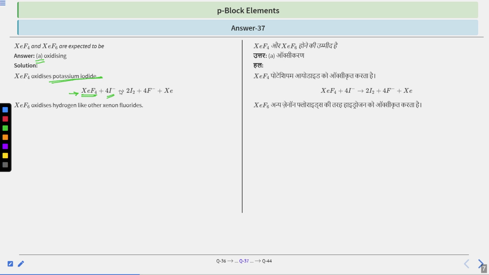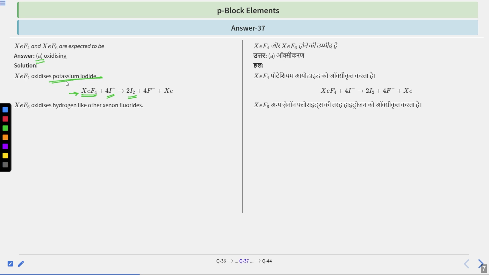Basically it is KI, so we just write K positive, I negative, and here we write I negative only. Here also comes KF, and I2. In I2, the oxidation state of iodine is 0, and in I negative the oxidation state is minus 1. As you can see, a minus 1 charge is present on the iodine.